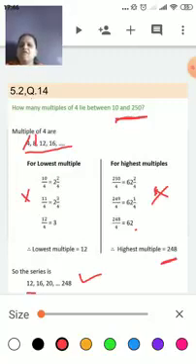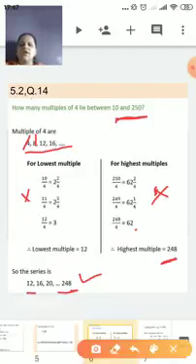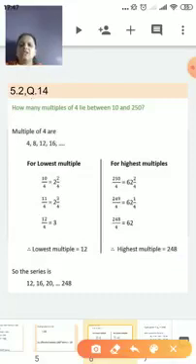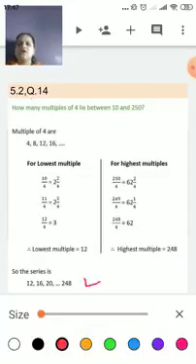If you divide by 4, it is not exactly divisible, so just go backward one. 249, 248, 247, divide by 4, where you get the remainder 0, that is a multiple of 4. So you are getting 248 as the number. So the AP over here is 12, 16, 20 and so on, and your last term is nothing but 248.